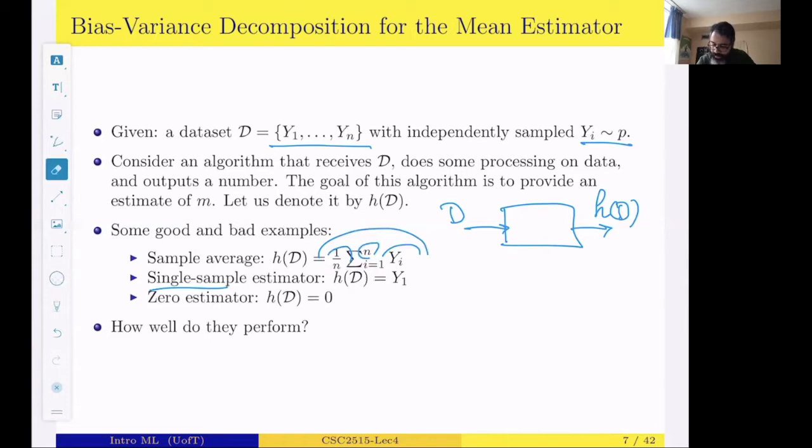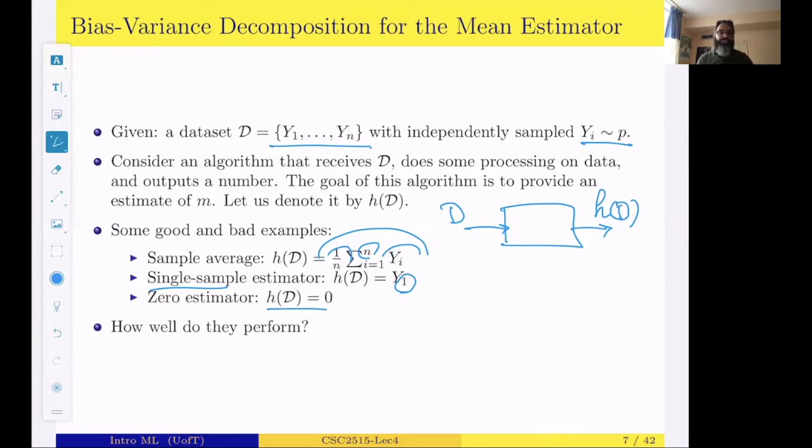The algorithm only looks at the first data point, y1, and ignores the rest. That's a meaningful estimator. It is not a good estimator, but it is a meaningful one. Another estimator is one that always returns the value 0.